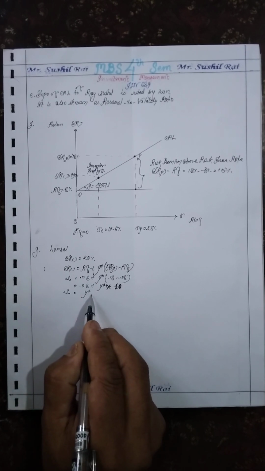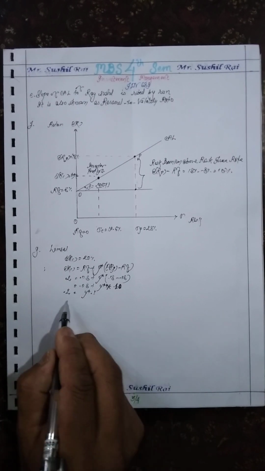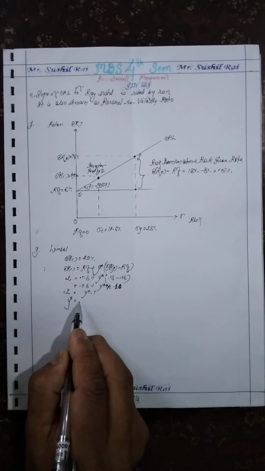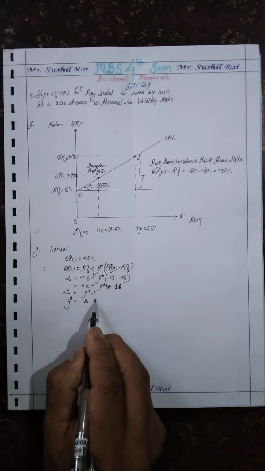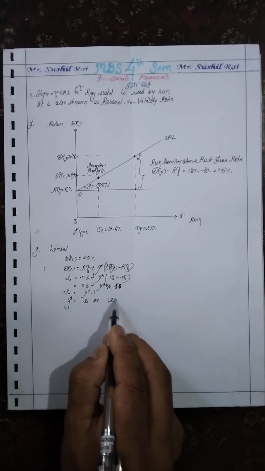Y* is 0.12 over 0.1, therefore Y* is 1.2 or 120%.